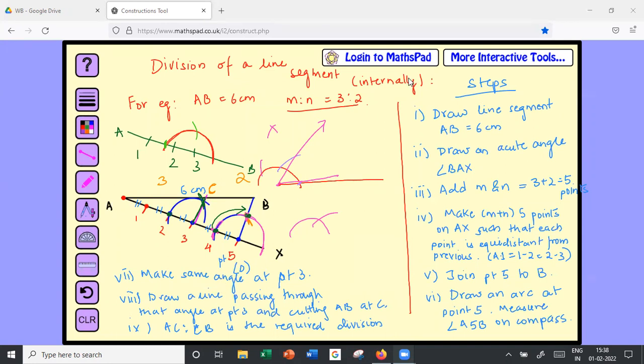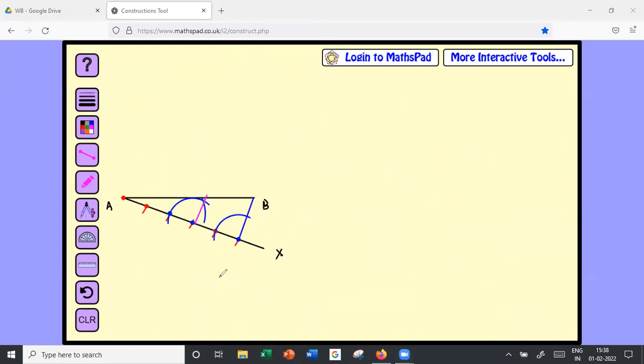Clear everything. The justification part is really simple. It makes use of just one property which you have studied in the triangles chapter. I think it was last year. And this is C, this is 3:2, right?